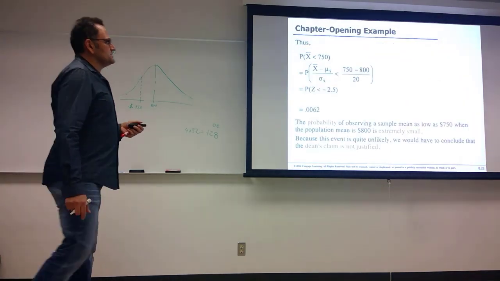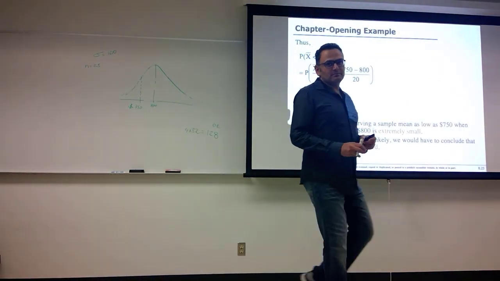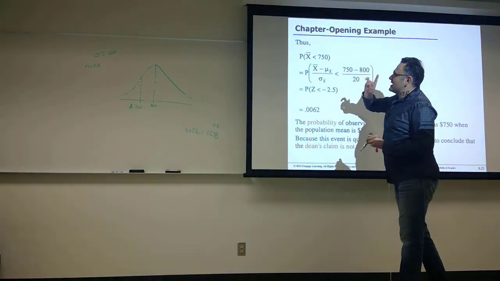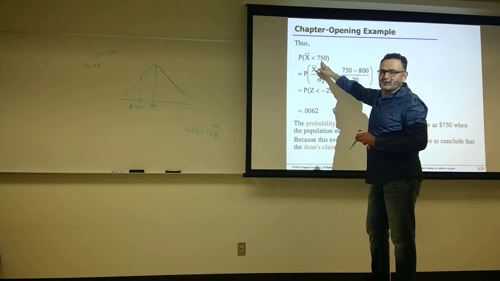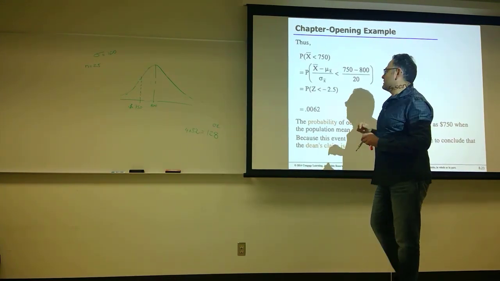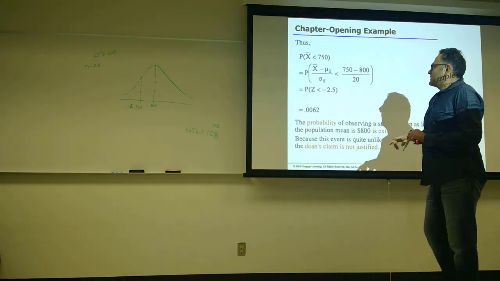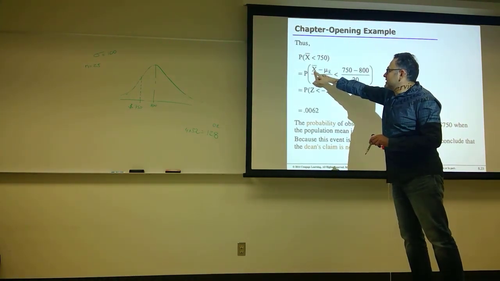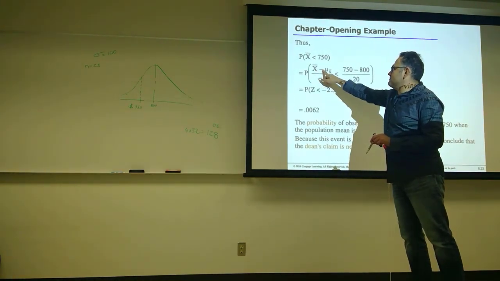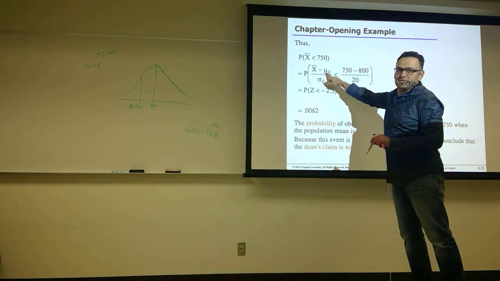Now, plugging in those numbers, we want to again calculate the probability. What are the chances that I ask 25 people and those 25 people report an income of $750 or less? So, plugging in those numbers, what I have is 750 minus 800, because that's the mean of the population.